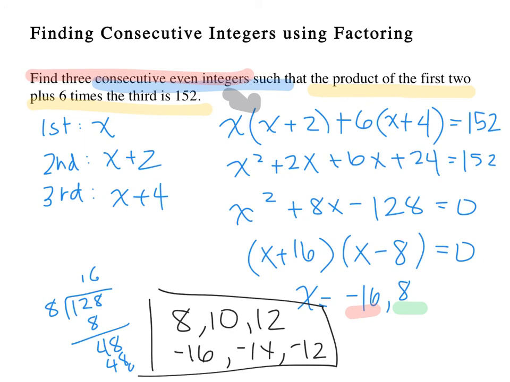For this one, the only difference is that you have to interpret it using the question. You just have to give the two different sets. Make sure you do that, because it would suck if you did everything and then just left those two values of x. Make sure that you always look at the question again and that you answered that specific question. In this case, we need two different sets of 3 consecutive even integers.